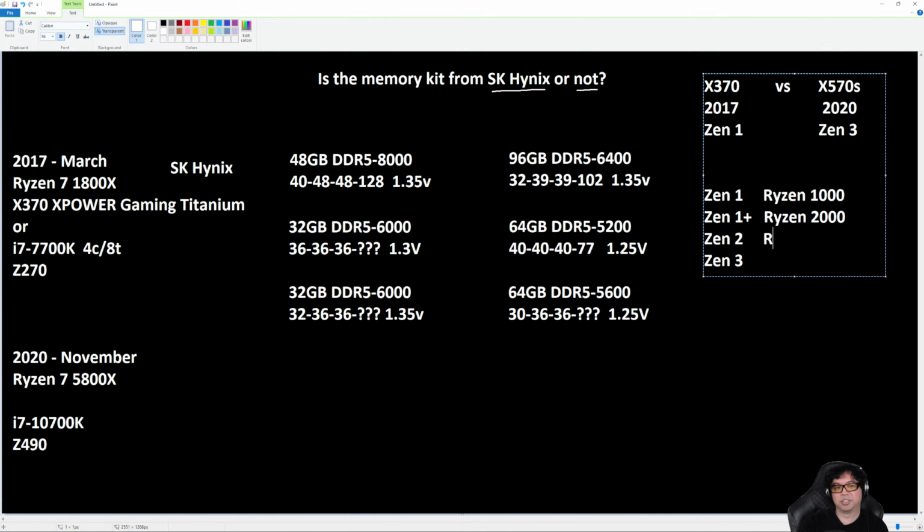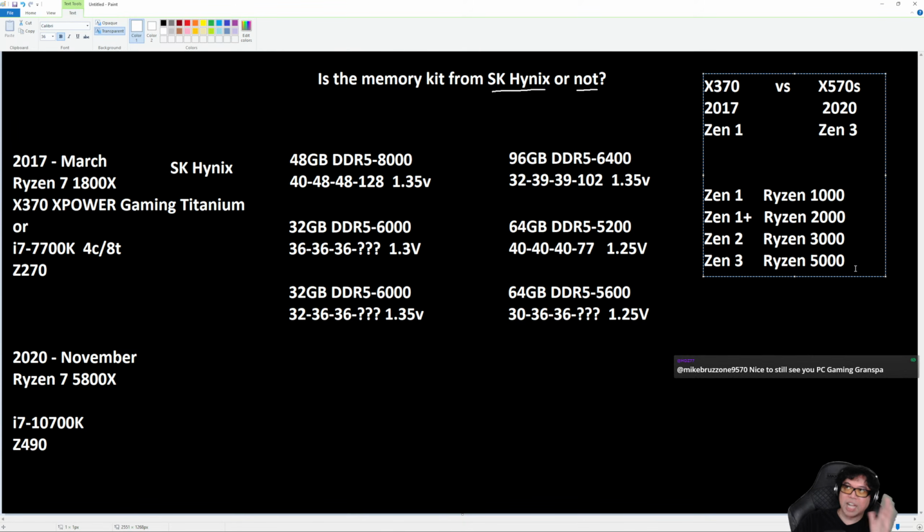You had Ryzen 3000 series and Ryzen 5000 series. Ryzen 5000 series was fantastic. Clearly the best CPU launch and CPU generation in possibly AMD's entire corporate history. That is how monumentally good Ryzen 5000 was. Ryzen 5000 was the magical CPU.